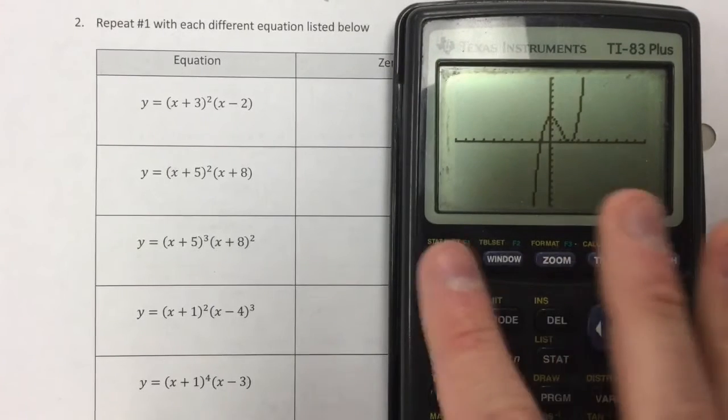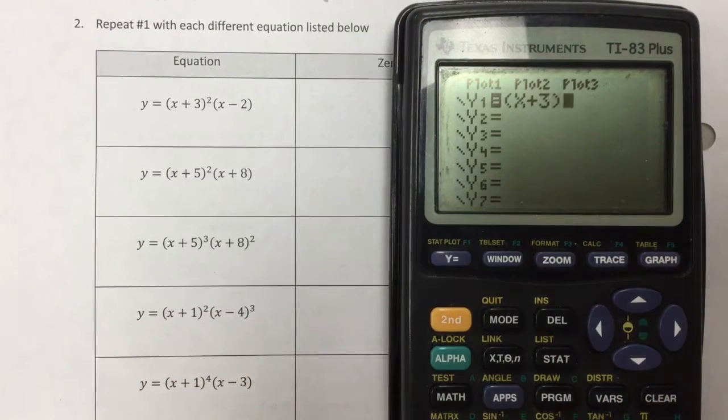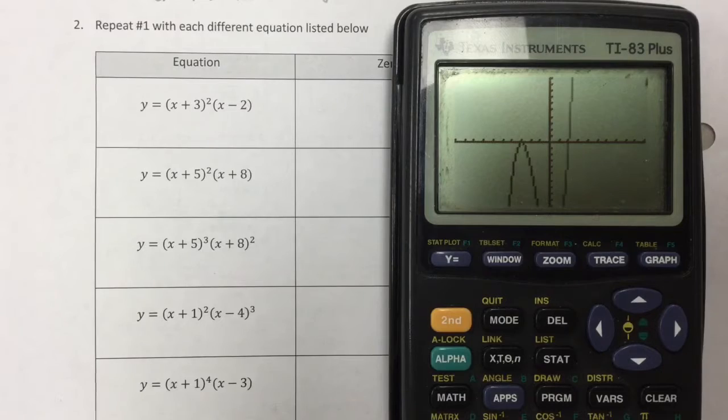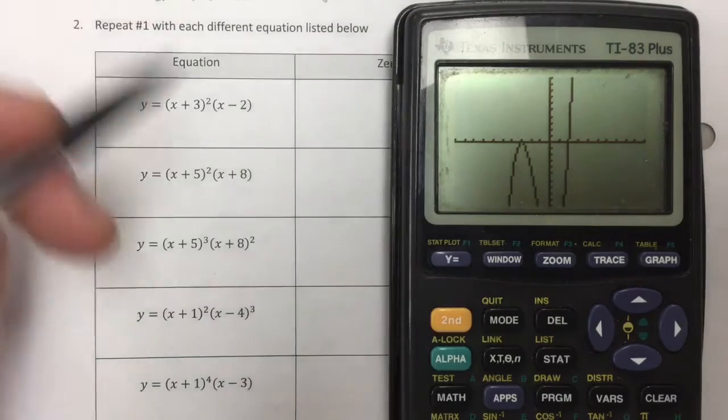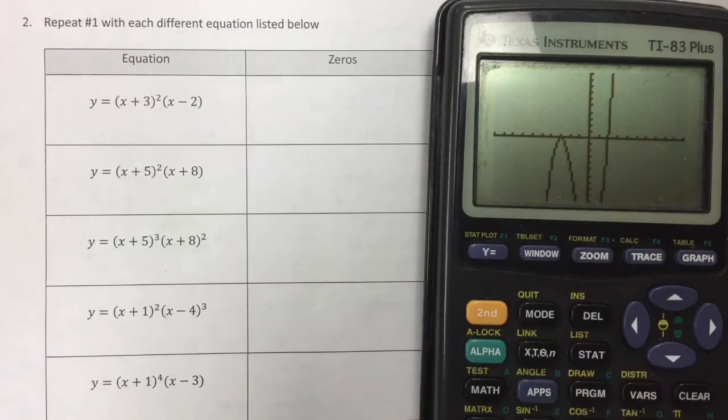So for our next one, x plus 3 squared times x minus 2. And so we see our zeros are going to be at -3 and 2.